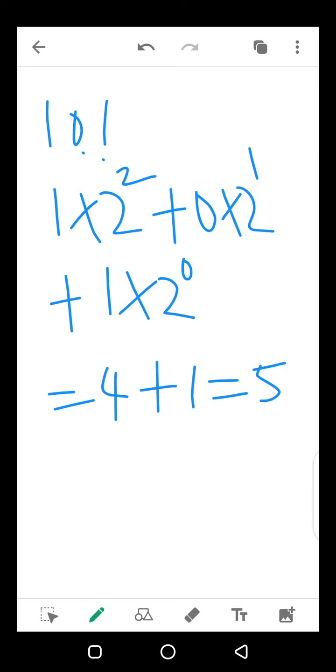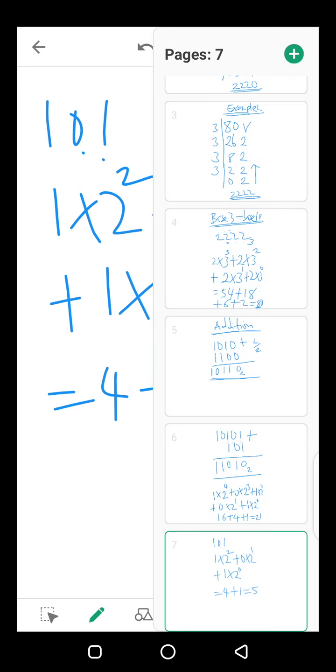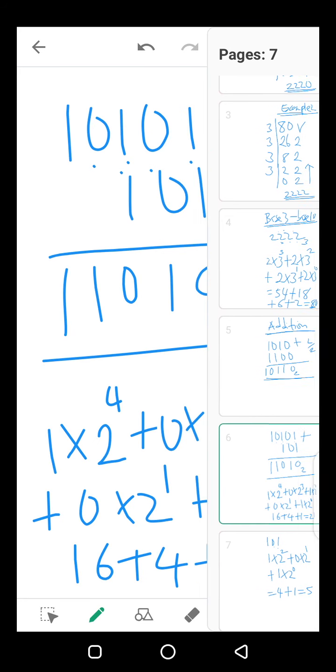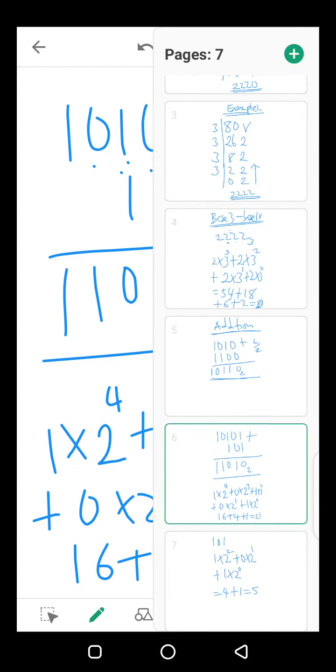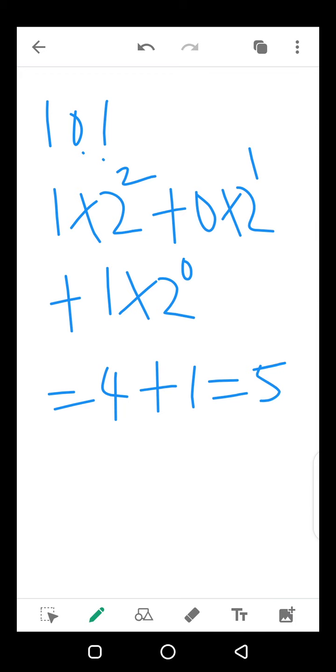So what we have now is the first one here is 21, while the second one is 5. So we have 21 plus 5, which is 26.